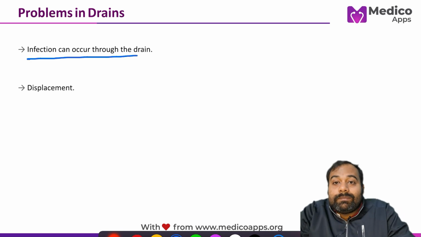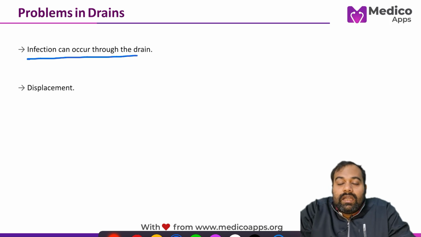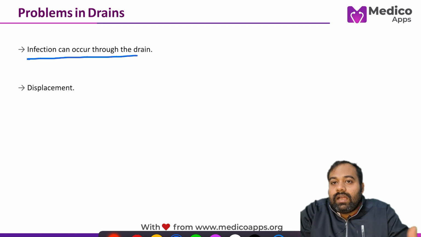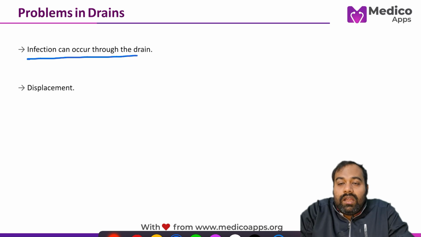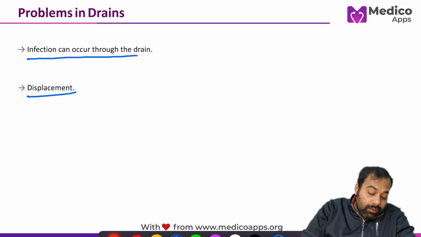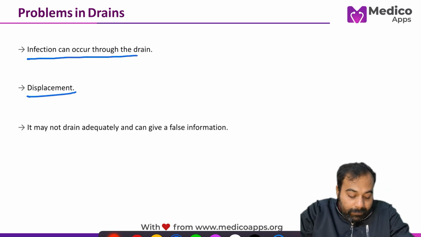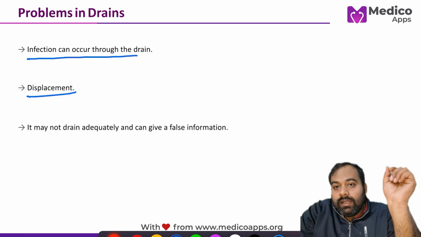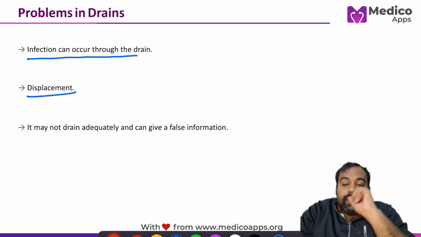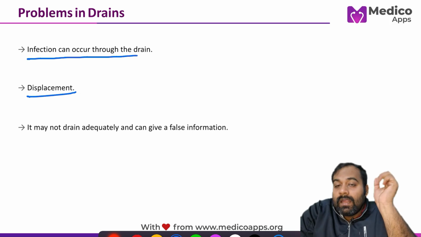Number two is displacement. It is a very important problem. Sometimes undergraduates and PGs are unable to fix the drain properly to the skin, and that leads to displacement. Another important problem is that sometimes the tube of the drain gets blocked.